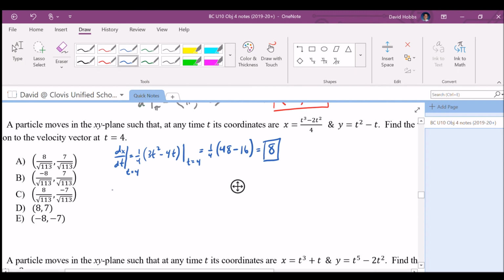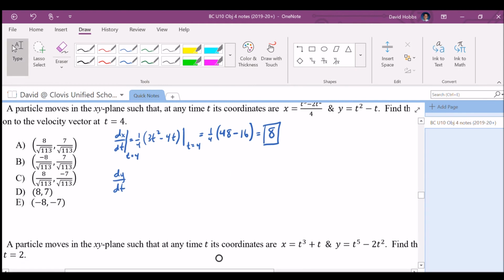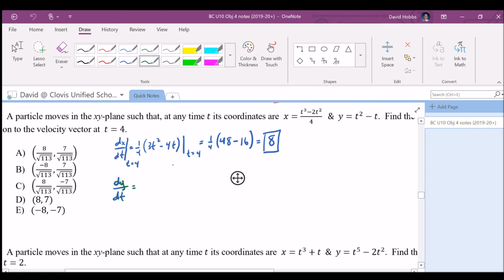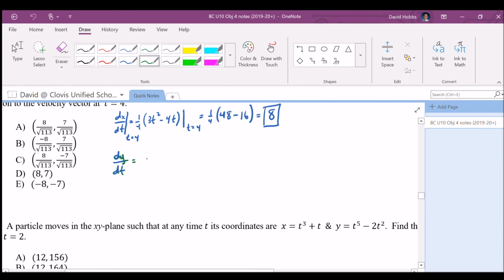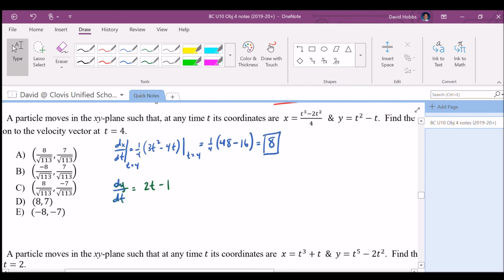Okay, dy/dt is equal to 2t minus 1, evaluated at t equals 4, which is 8 minus 1, which is 7.